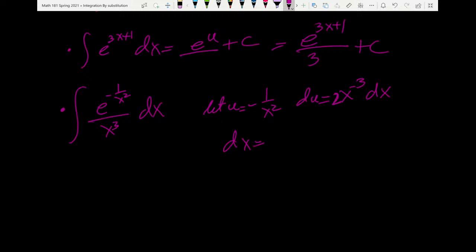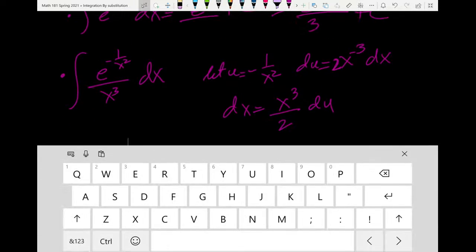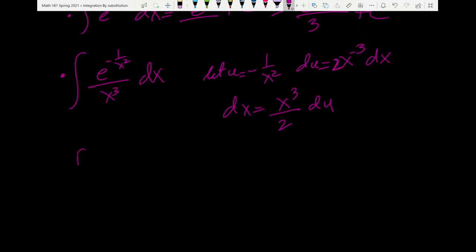So dx equals x to the 3rd over 2 du. If I substitute all that in there, now it works nicely. E to the u, x cubed over 2 du over x cubed.